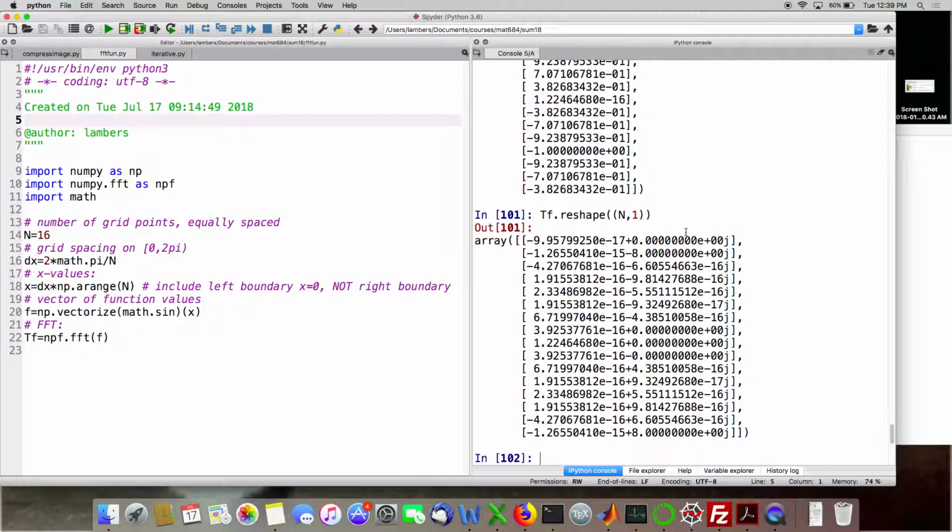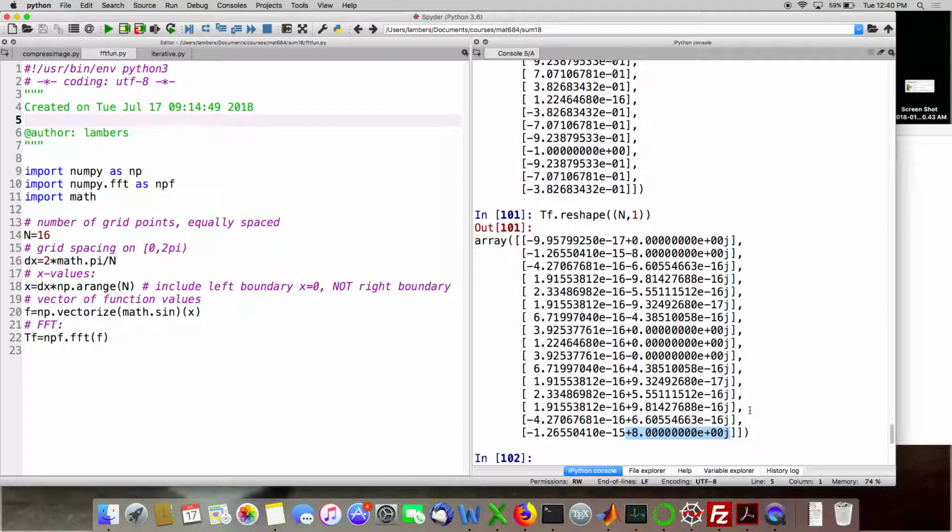But in the imaginary parts, almost all of them are essentially 0 also, except for the second one, which is minus 8, and then the second to last one, which is plus 8.